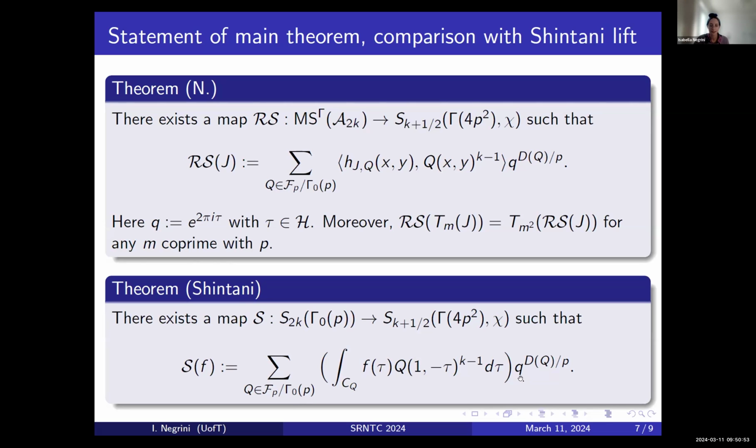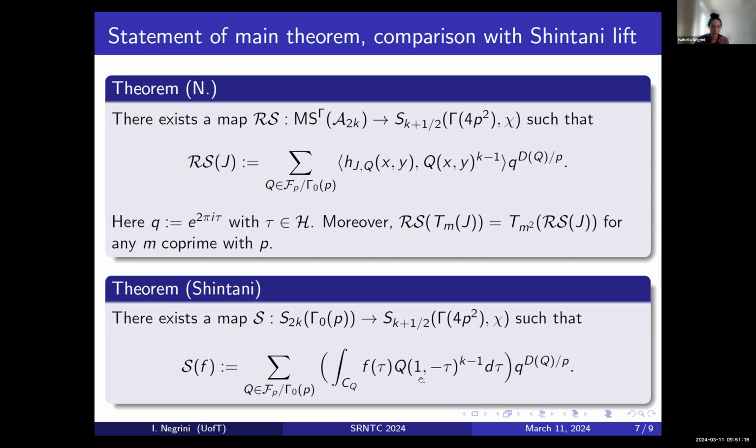And again, this is a q-series, and the discriminant of the form is the same, so it's divisible by P. But now the coefficient is given by integrating over the Shintani cycle C_Q, and then you integrate the form that you start with times the binary quadratic form.